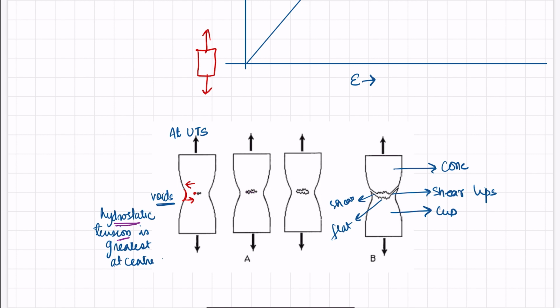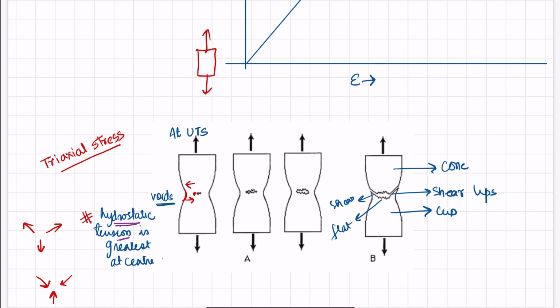So there is a triaxial stress state generated in this center part, and because the stresses are equal in all directions, it will be called hydrostatic stresses, and because of the hydrostatic tension, voids are formed, and if there is hydrostatic compression, the voids get closed.